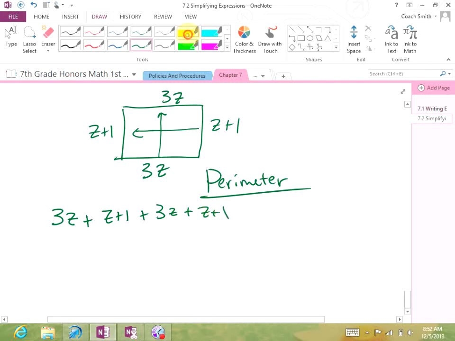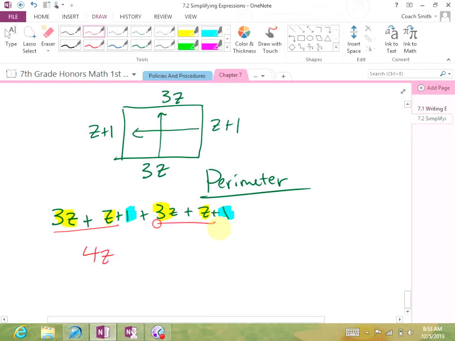Okay, my like terms are those and those two. So I have 3z and 1z, you get what? 4z. A 4z. Instead of a 1z, you have a 4z.